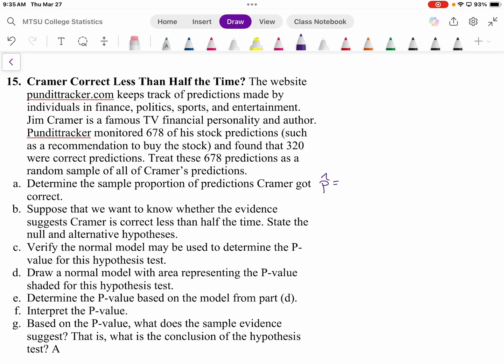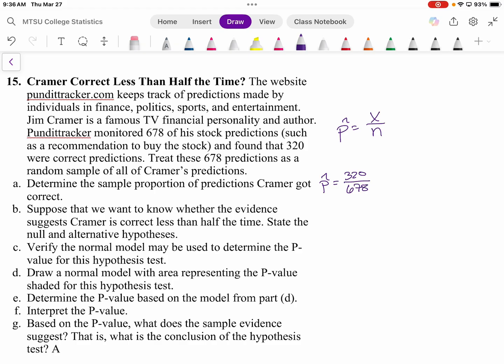How can we figure out what p-hat is? What would I use as the ratio? Remember, p-hat is x divided by n. Yes, it's 320 divided by 678.